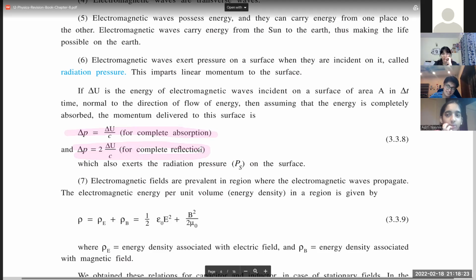Final minus initial, minus 1 minus 1, so it's minus 2. So when something is reflected back, its change in momentum is twice that when it is just absorbed. And this is the same momentum which the wall will experience. Yes, sir.